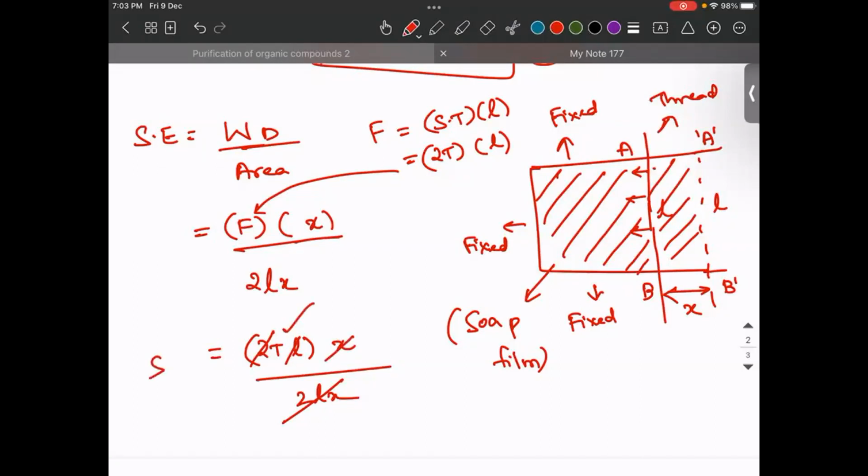You're left with T. So that is why surface tension is mathematically equal to the surface energy. It's only a 3-step derivation, but the point is you need to understand the concept. Okay, sir. Yeah.